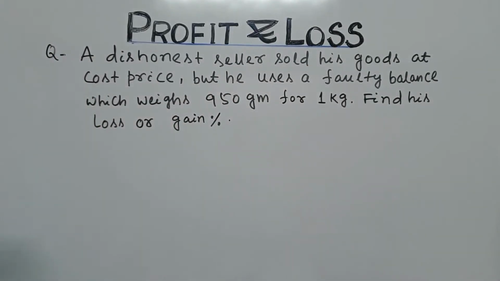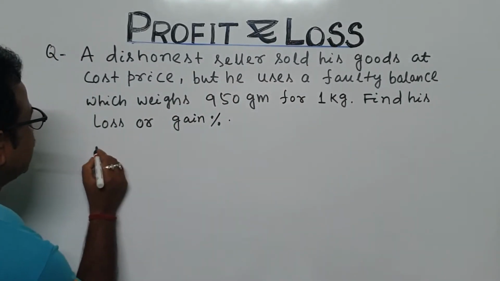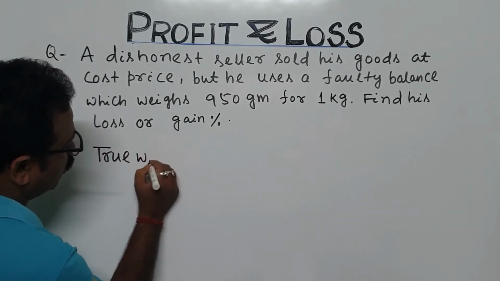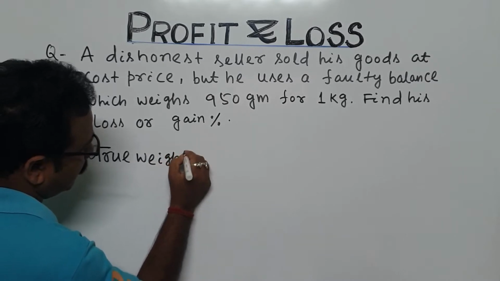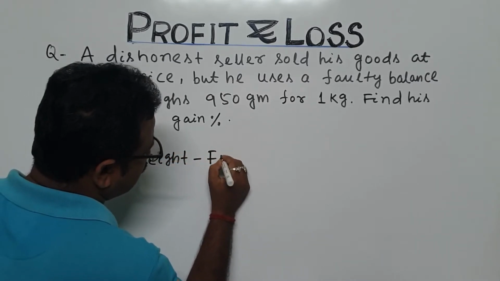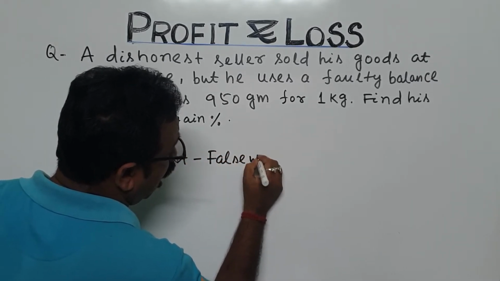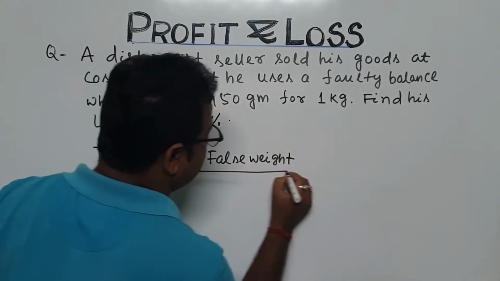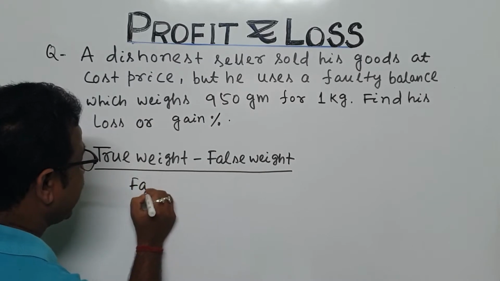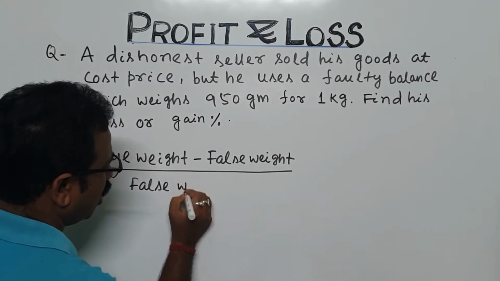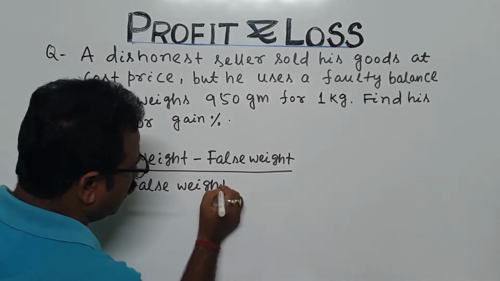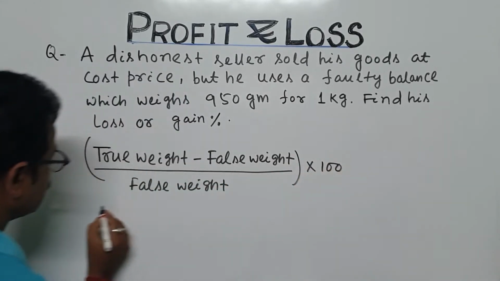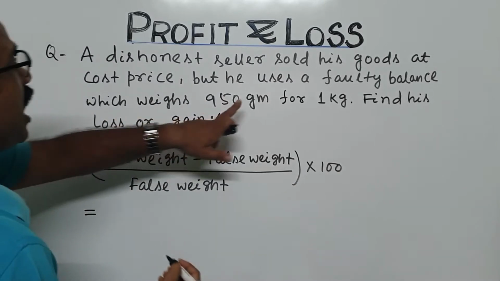We have to apply the shortcut formula, that is the true weight minus the false weight, whole divided by the false weight, whole into 100.